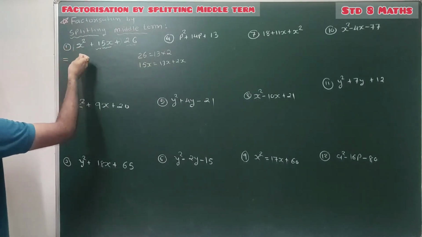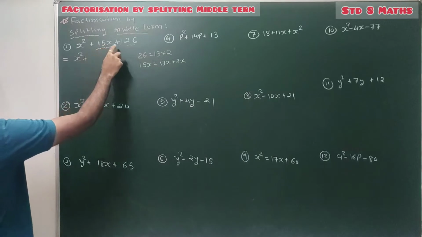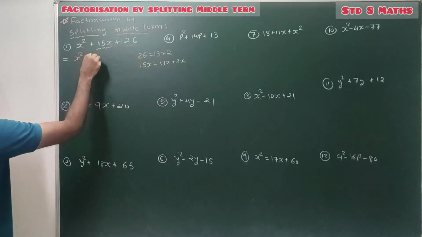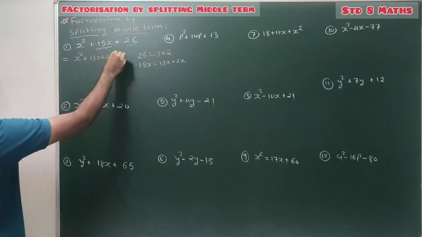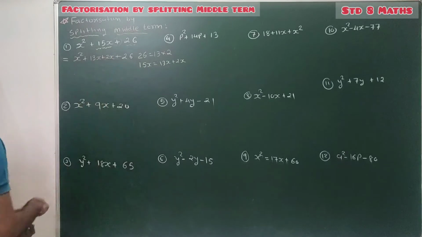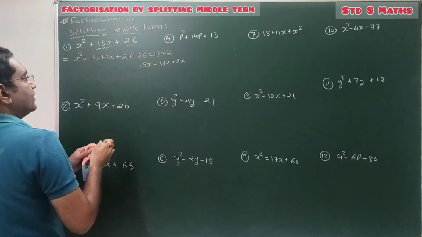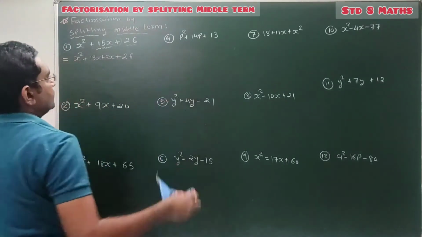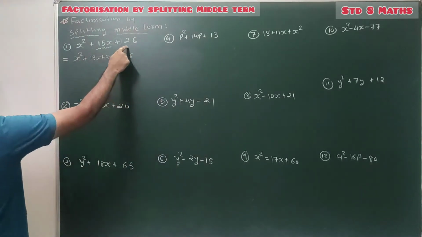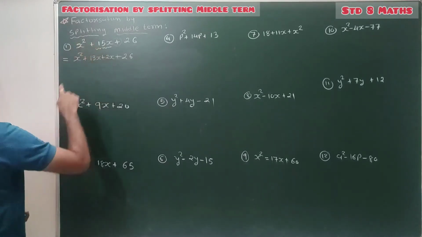You don't have to write all this directly, but you have to do it like this. So it's x square, and our next step is x square plus, splitting this middle term 15x as 13x plus 2x. You can write 2x plus 13x or 13x plus 2x, plus 26. And this calculation you have to do in rough or beside your sums. Done. This is not part of the sum, you don't have to represent this in the sum. So factors of 26 whose addition is 15. So 13 twos are 26, and 13 plus 2 is equal to plus 15.